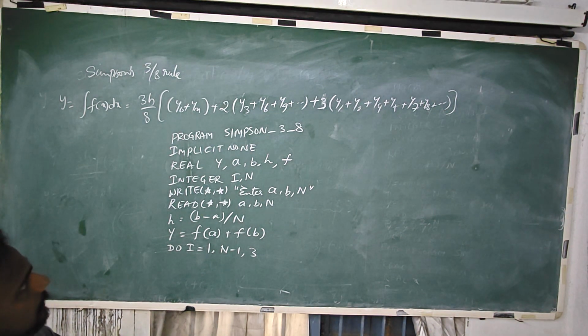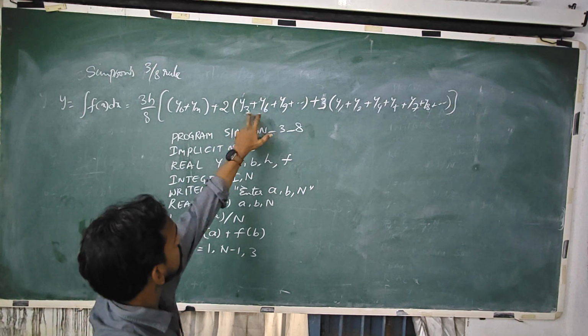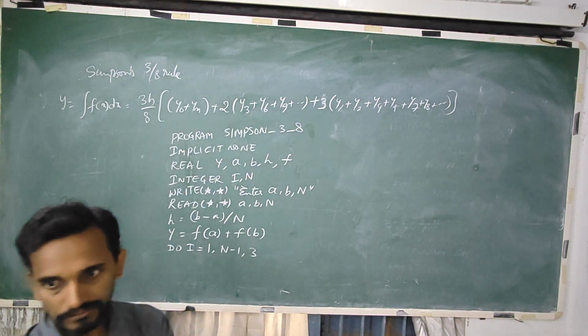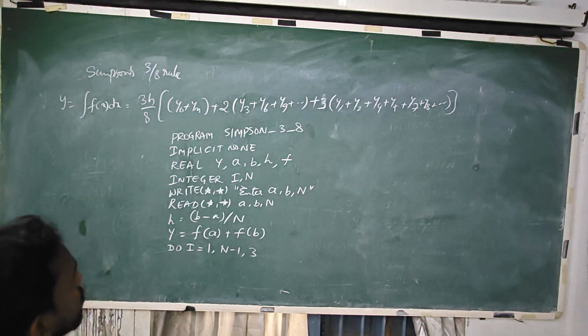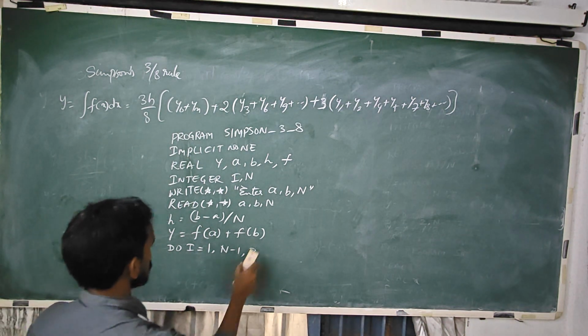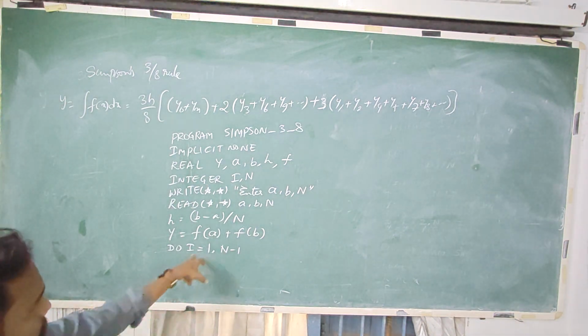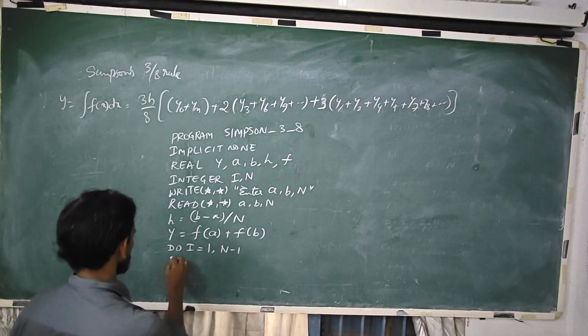So one possibility is I had to consider the entire series and skip every third term. So that is a simple possibility. So I had to consider all the terms. So then I had to use an if condition.